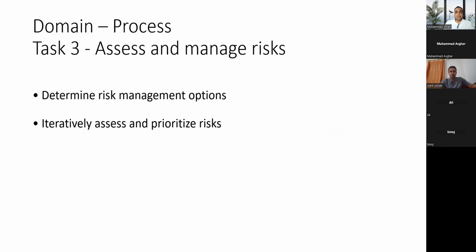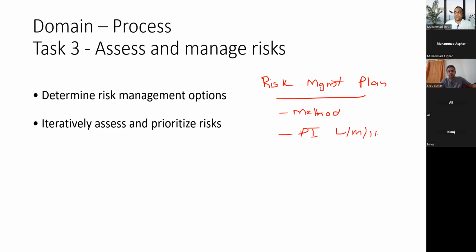Task three, assess and manage risk, which means our risk management plan will be kept live all the time. The risk management plan contains what? The methods you will use to analyze the risk. They will understand the probability and impact, which is low, medium, and high for the stakeholders.